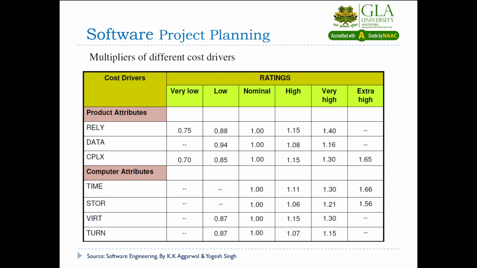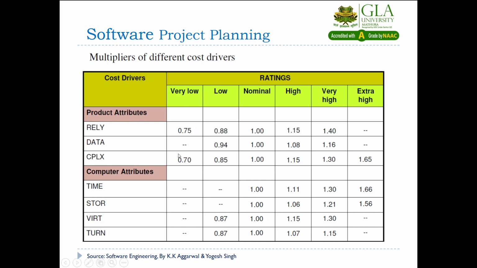You will have this table of multipliers of different cost drivers, where ratings are given for each and every attribute. If you talk about the product attributes, reliability, data storage, complexity, these have values according to the rating.